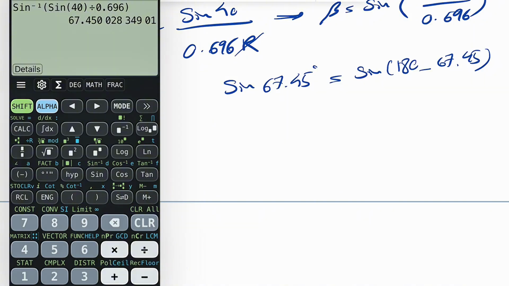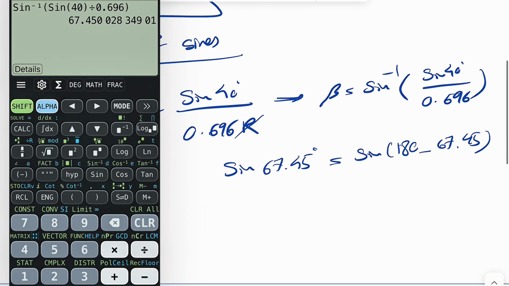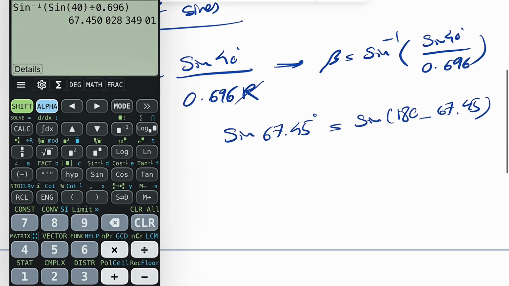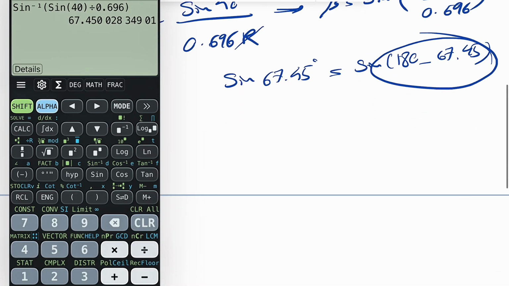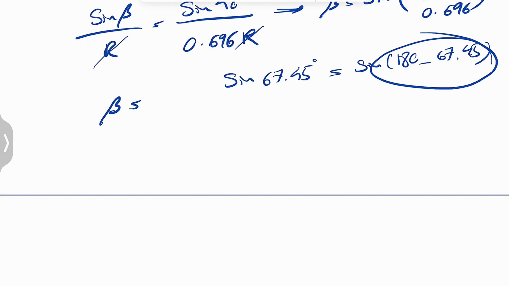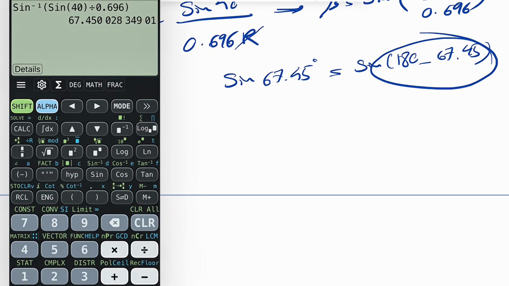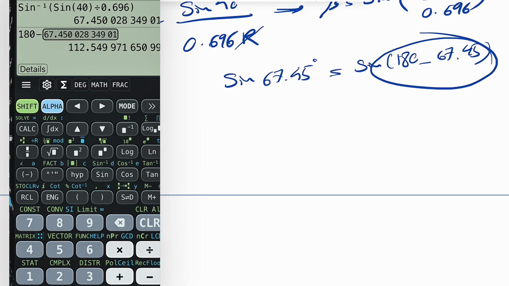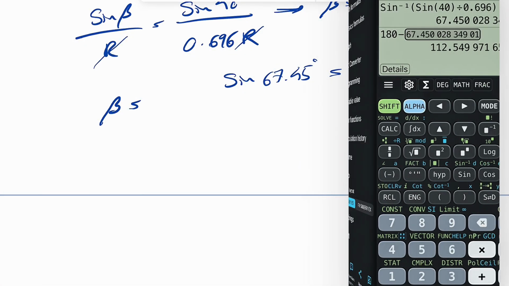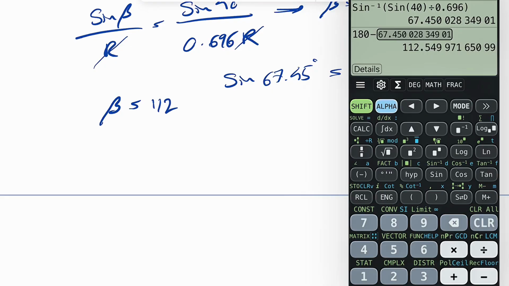Sine of one angle in the first and second quadrant is both positive, so actually in here we're going to get two answers, and the second one is the one that we're looking for. So our beta would be 180 minus this answer, which is 112.55 degrees.